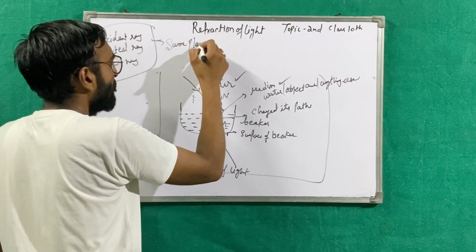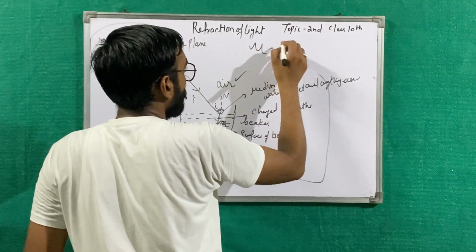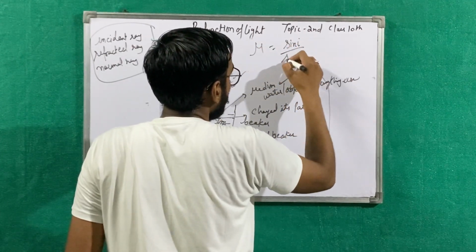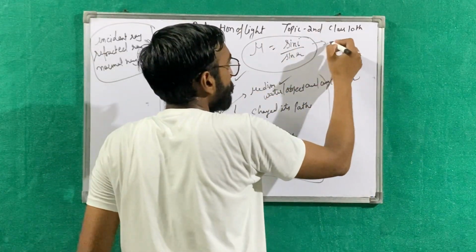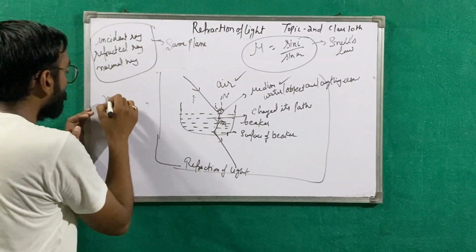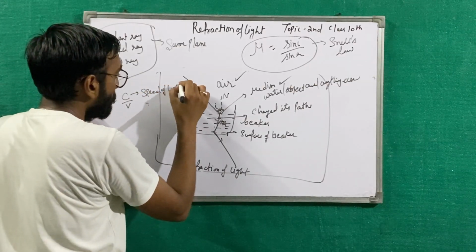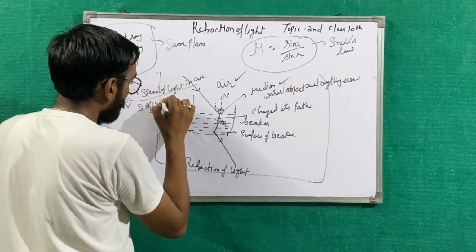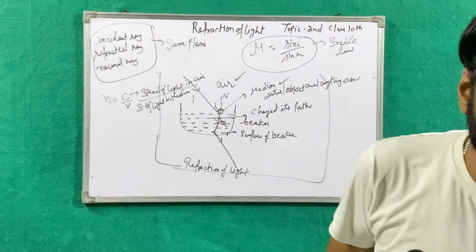The second law: mu equals sine i by sine r. This law is also known as Snell's law, and n equals c by v, where c is the speed of light in air and v is the speed of light in the medium. So this is the ratio of the speed of light in air to the speed of light in the medium.